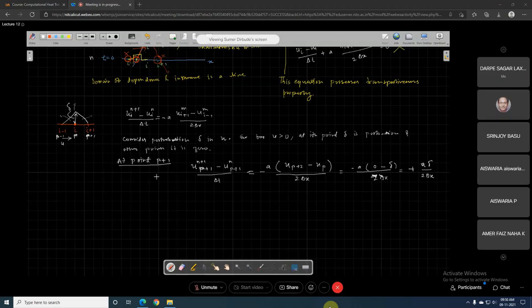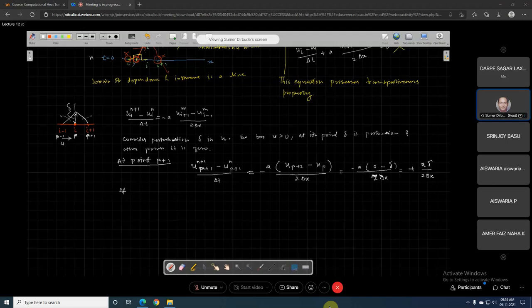So this is fine. At p plus 1, you are getting a delta multiplied by a by 2 delta x. So the delta is moving to this point, the u value at p plus 1.